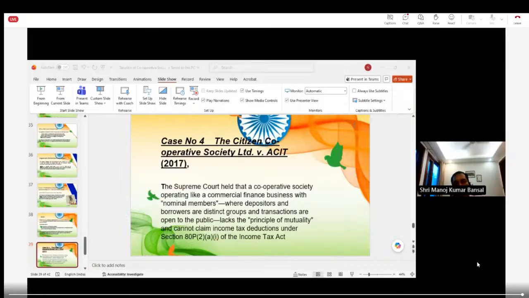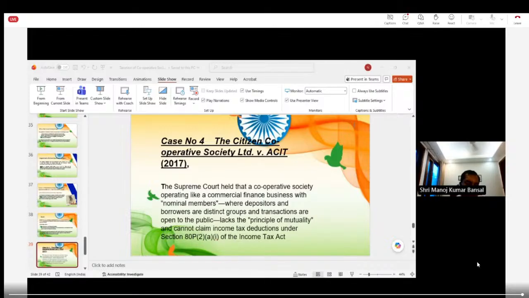And 3B is filed by 20th of the month. There are also 2A and 2B, where you can look into the credits available, from those who have supplied to you and collected GST.